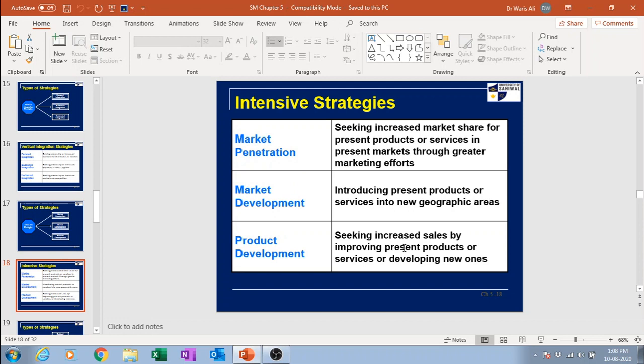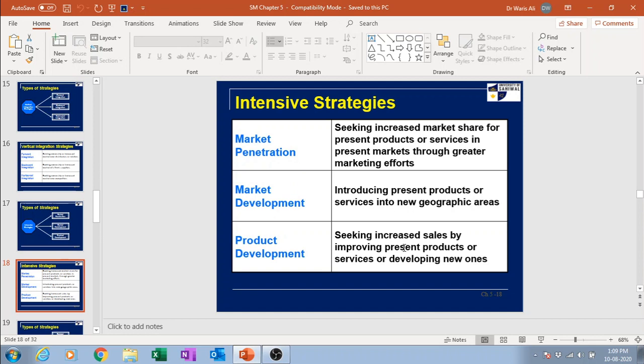It means we are seeking to increase market share for present products and services in the present market through greater marketing efforts. So this is called market penetration. Market development means, for example, we have these BBA, MBA programs, and we are offering these services in Saival.